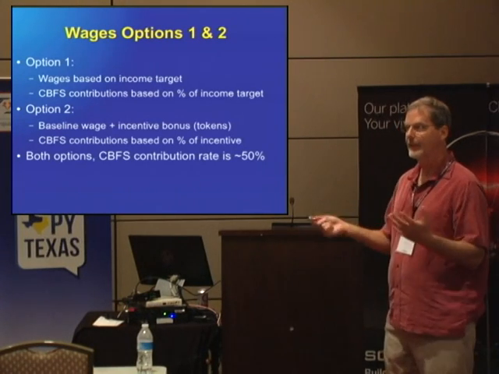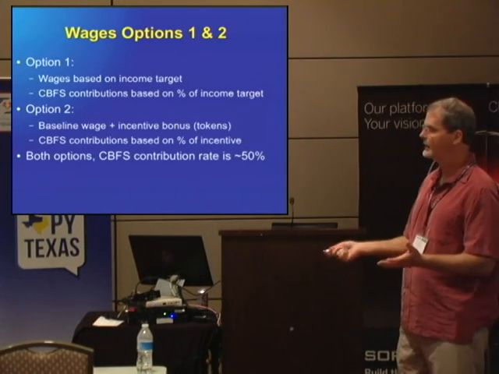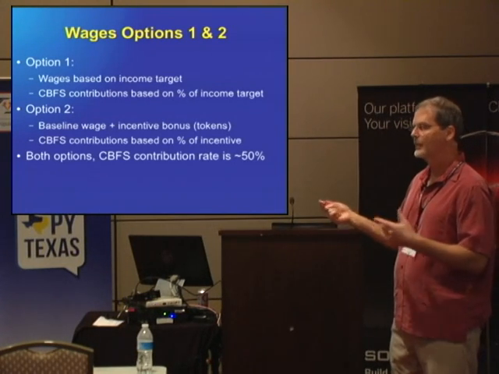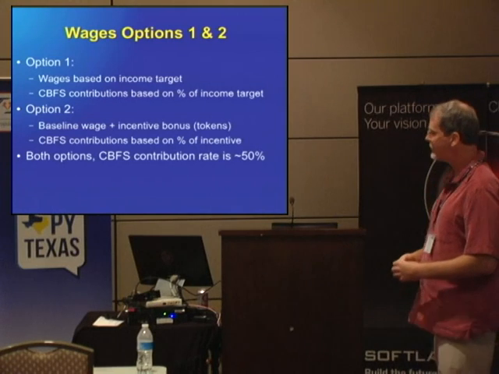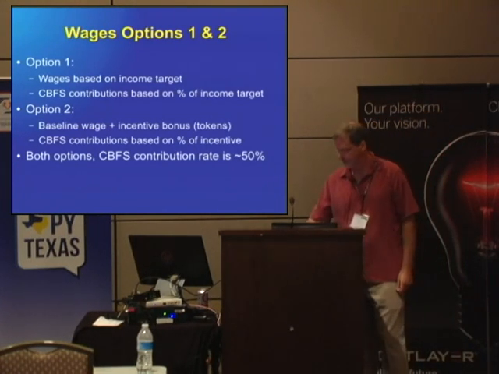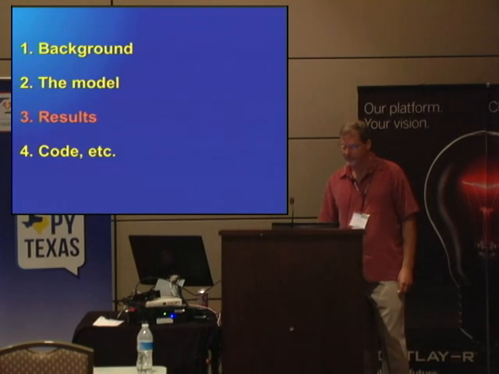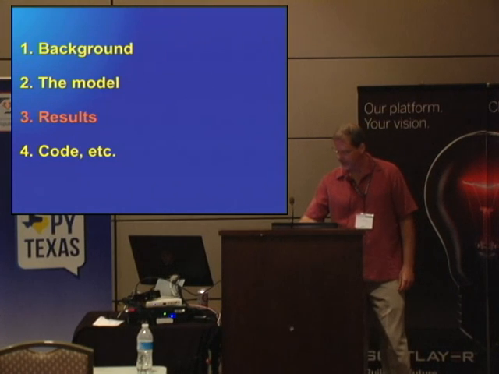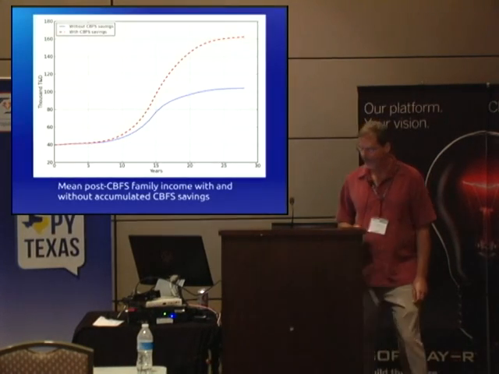So even if you were making $1 million a year, you would still receive a direct bonus of essentially something worth $1,500. Not large if you're making a lot of money, but it's something. All right, so that's a little bit about the model, and now I'll show you a few results of what the model shows.